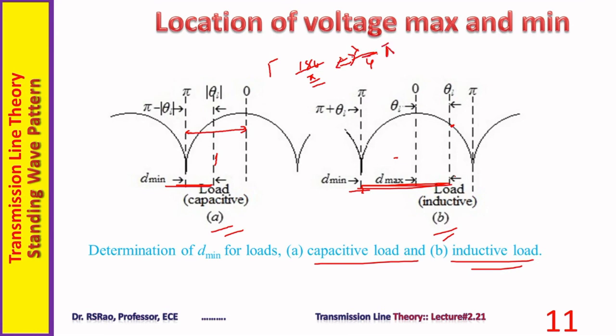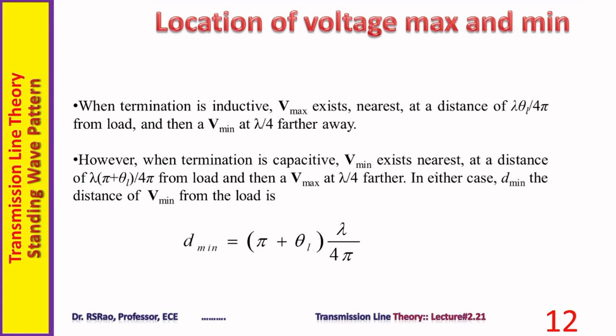Let us suppose angle of reflection quotient is known to us. Let us suppose it is theta L. When pi corresponds to lambda by 4, what is the value of distance that corresponds to theta L? That is D minimum. From this logic, D minimum is calculated. When termination is inductive, Vmax exists nearest at a distance of lambda theta L by 4 pi from the load. Then V minimum is at lambda by 4 farther away.